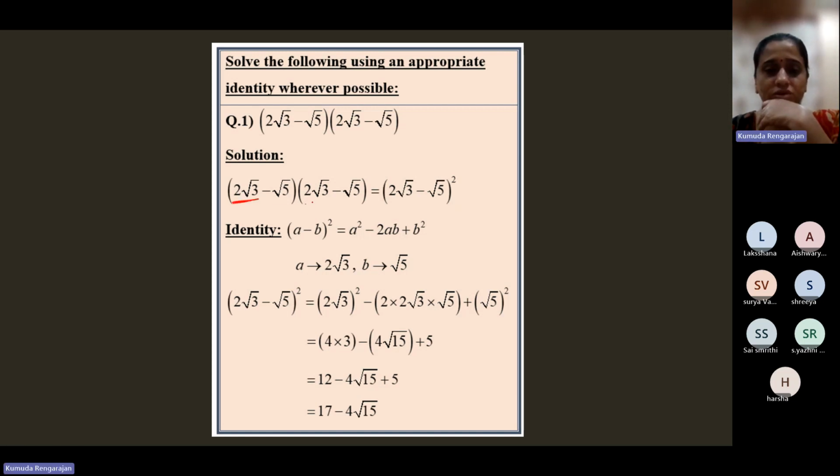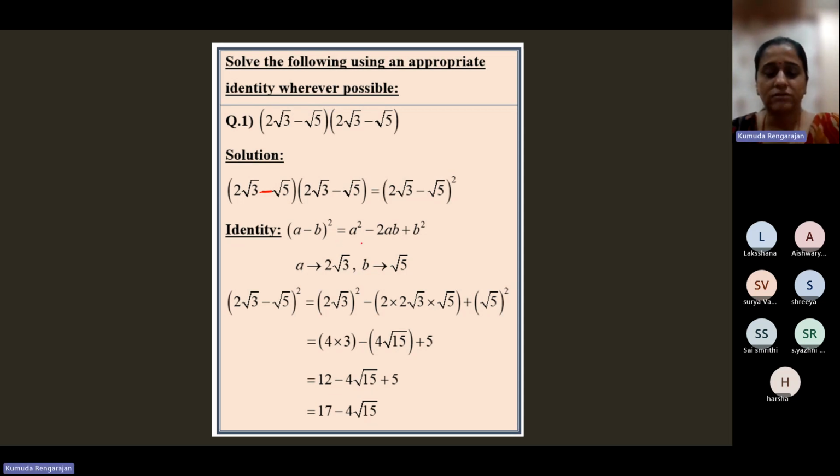So you can say 2 root 3 is A, square root of 5 is B, minus, minus. So it is A minus B the whole square. You have the same expression in both the brackets. A minus B into A minus B is A minus B the whole square.